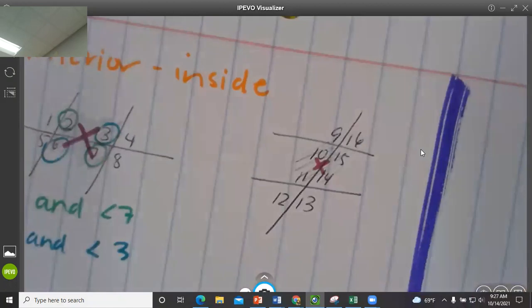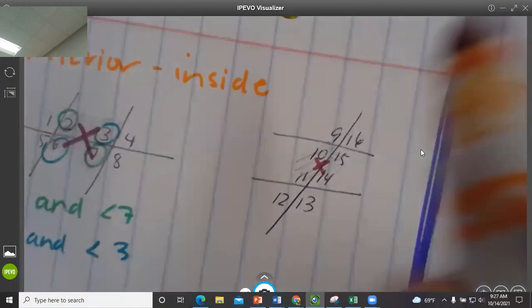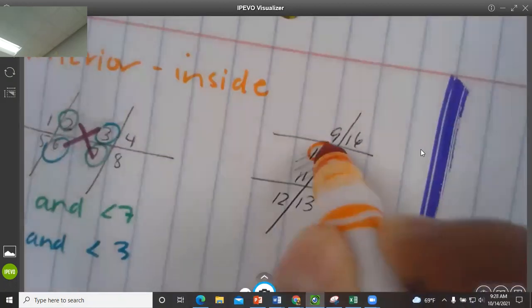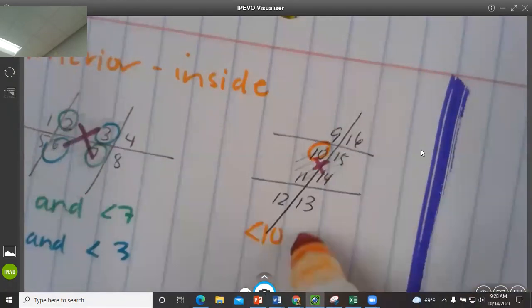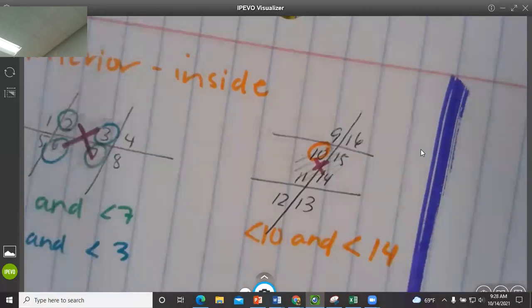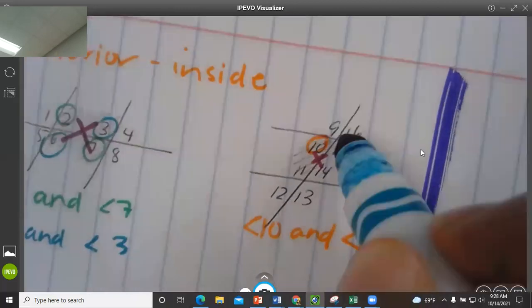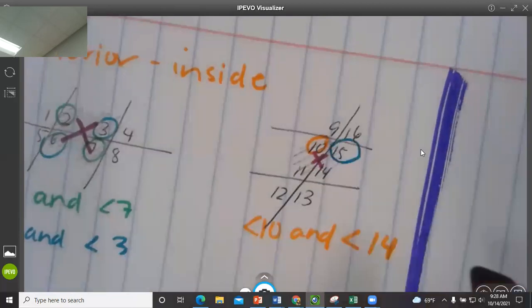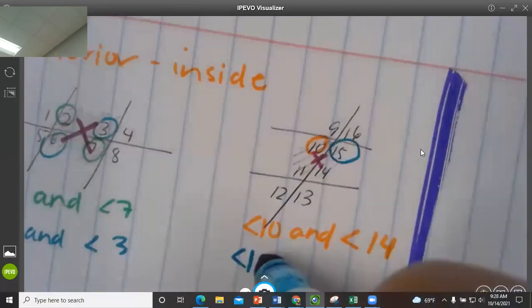Alana or Kamaya, it would be 10 and the one across, 14. Yeah, 14. And then either Omar or Deshaun, 15 and 11. Yeah, going across, 11. And that's it.